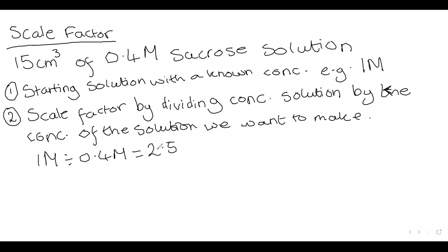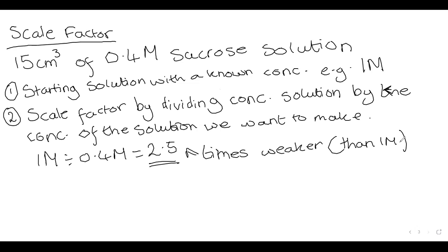So this 2.5 means the solution we want to make is going to be 2.5 times weaker than the original, than the 1 mole. So to make the solution 2.5 times weaker, we use 2.5 times less of it.